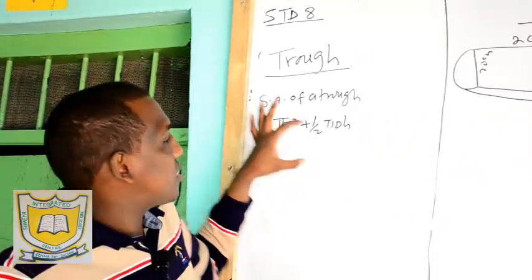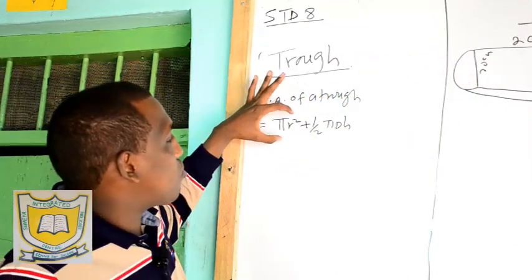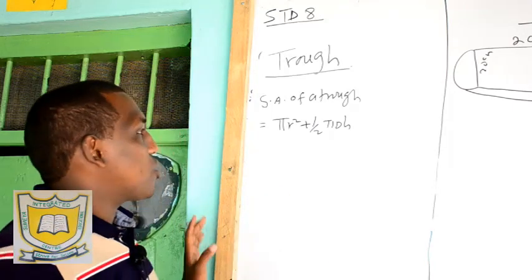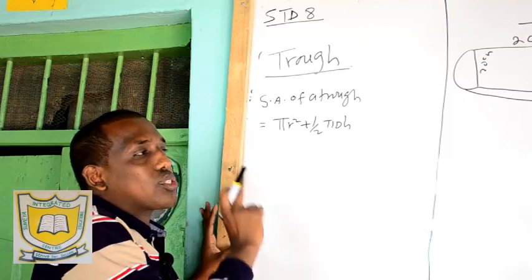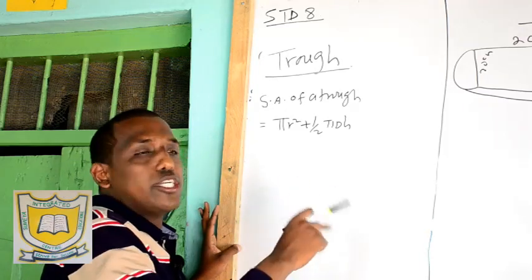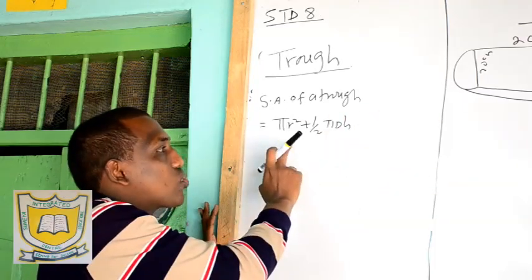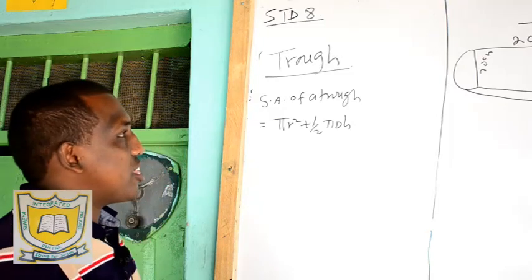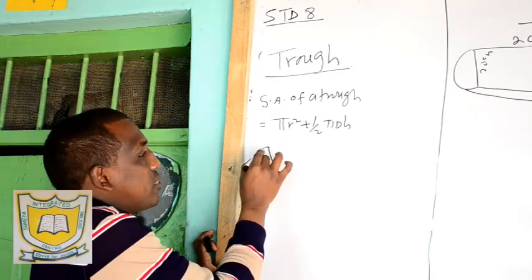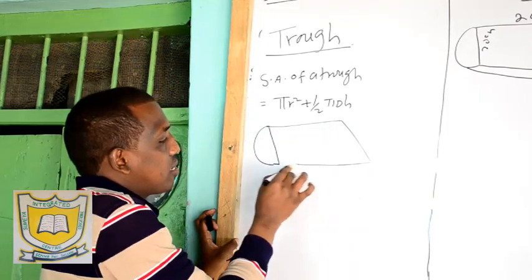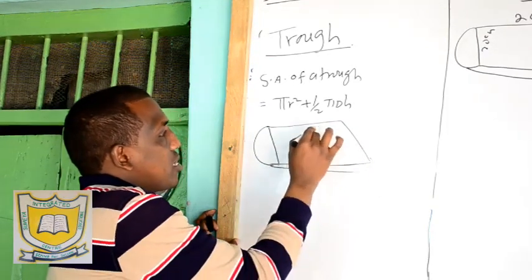The first two parts of the other formula are the same as the formula of this one. This one has no plus dh. Remember, the other one was πr² plus a half πdh plus dh, but this one is πr² plus a half πdh. Then they will tell you it's a trough, or here they will tell you hollow.